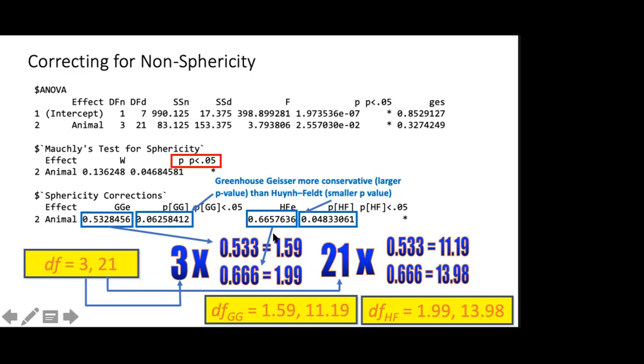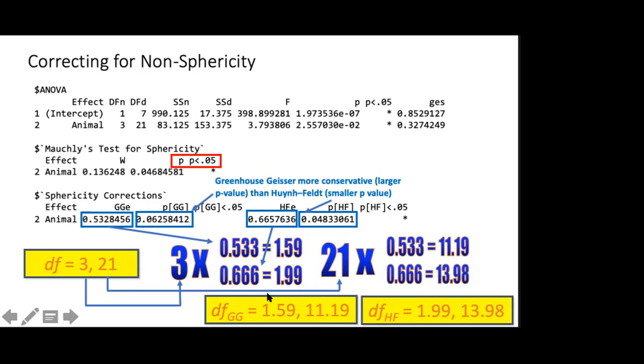So these are your corrected numerator degrees of freedom, right? And for the denominator degrees of freedom, it's 21 originally, and then you multiply with these epsilon estimates. You can see that Greenhouse-Geisser is more conservative, because the corresponding p-value for these corrected degrees of freedom is higher than for Huynh-Feldt, here just above our beloved 0.05 threshold, right?